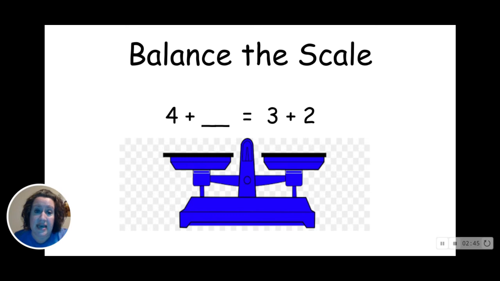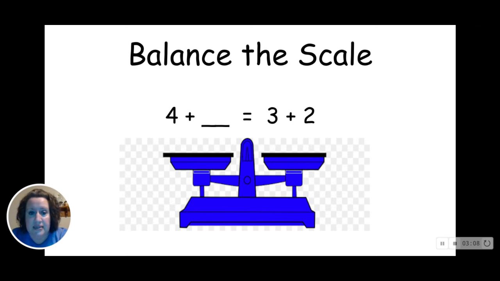Now, today, I really, really wish that we were in the classroom because this is one of my favorite activities to do every year. I have a set of balance scales, and we would use the teddy bear manipulatives and different things and make addition sentences out of them and balance them on the scales. Today, we're going to have to make do with this, unfortunately.